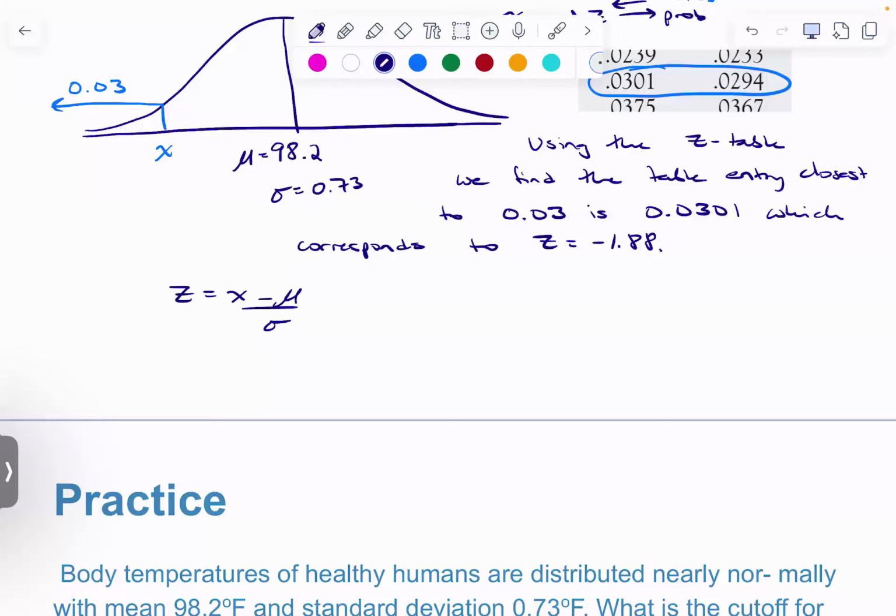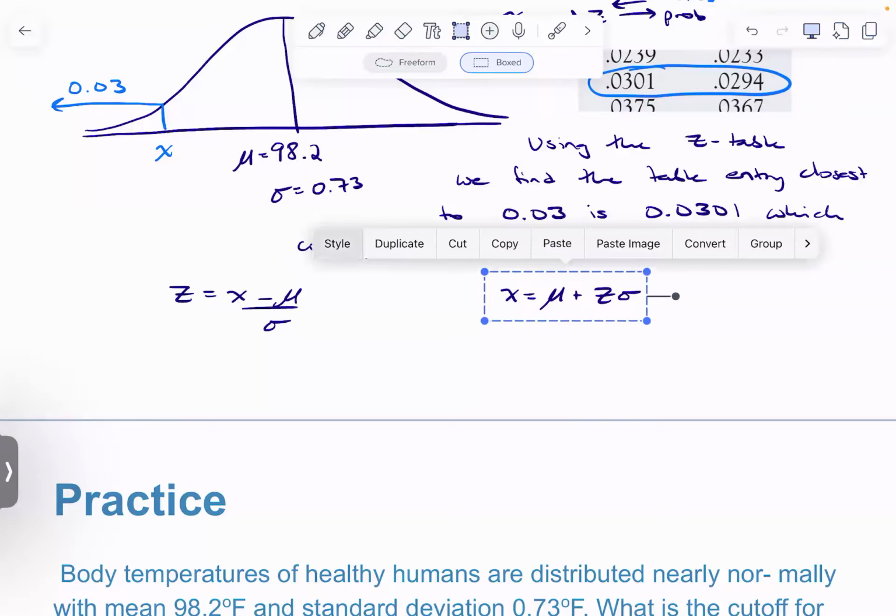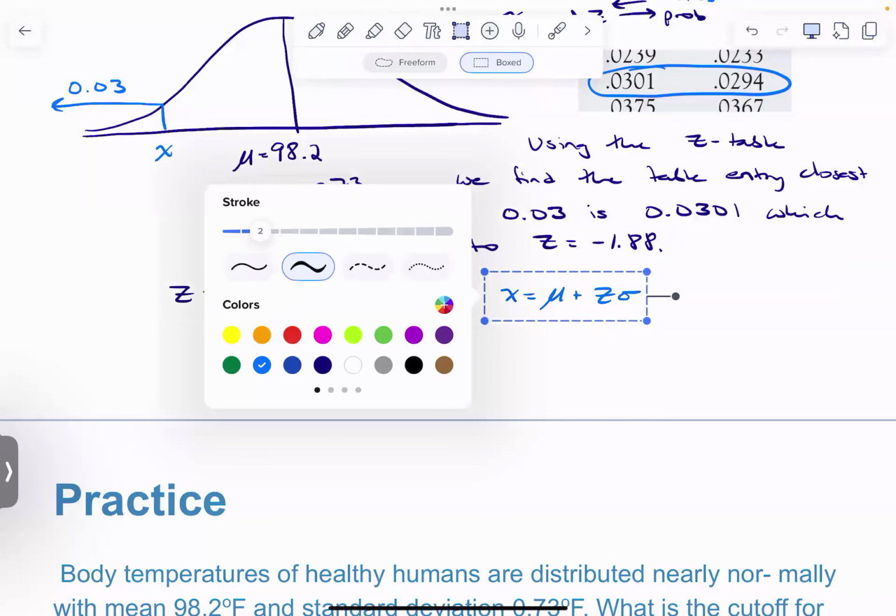I personally prefer to have as few formulas as possible that I rework to my needs. But I know some people like to have all the formulas reworked so you don't have to think about it. And so you could say X is mu plus Z times sigma, which is on your formula sheet, because either way, we're going to solve for X. I'll do both. Maybe I'll do this one in a different color so it doesn't look like I did it twice.